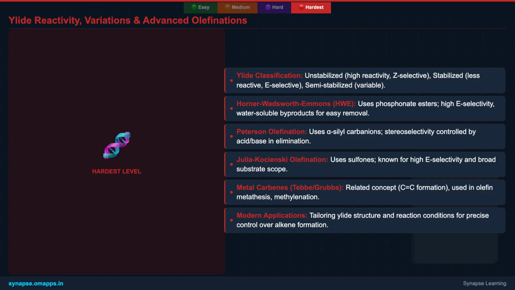Julia-Kocienski olefination, using sulfones, is known for high E selectivity and broad substrate scope. Even more advanced are metal carbenes like Tebbe and Grubbs reagents, used in olefin metathesis, which conceptually relate to ylide chemistry in their ability to form C=C bonds. These diverse methods underscore the versatility of alkene synthesis.